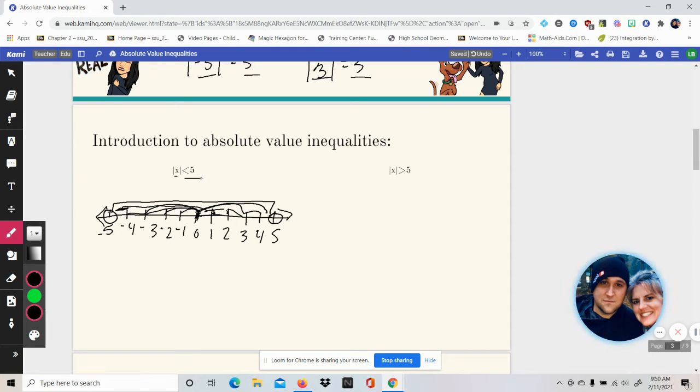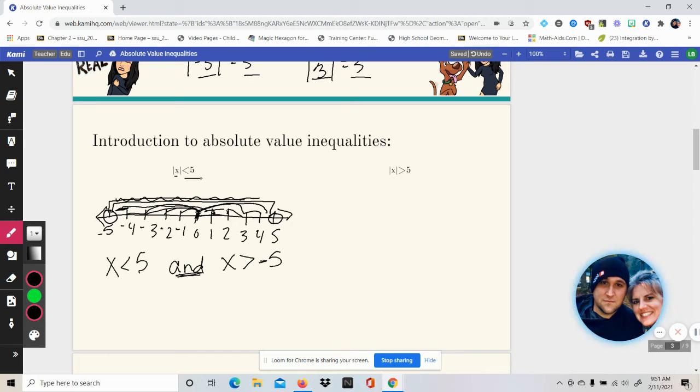So this looks like an AND problem, and it is an AND problem. We're looking at the values of x that are less than 5, and at the same time, we're looking at the values of x that are greater than -5, right? So they have to meet both of these criteria. They have to be less than 5, and at the same time, they have to be greater than -5.